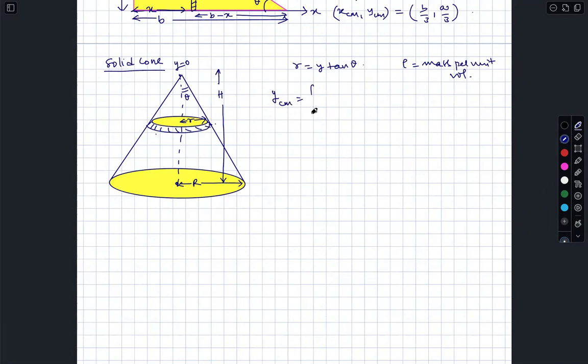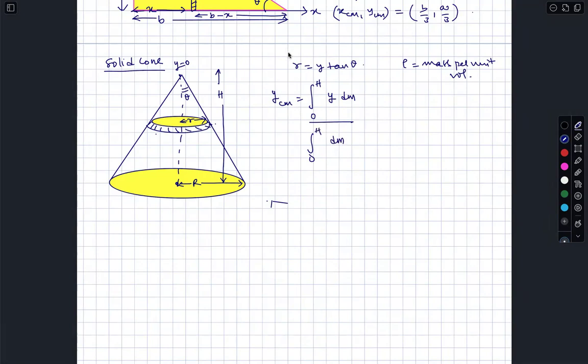YCM is integral 0 to h y dm by integral 0 to h dm.